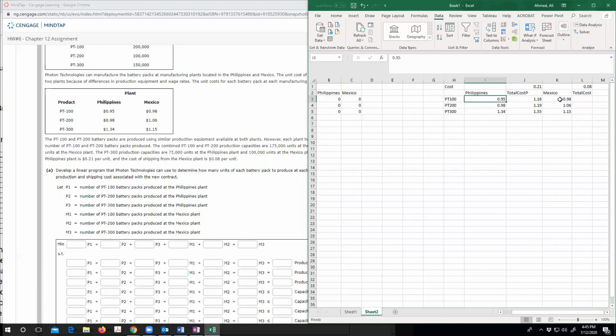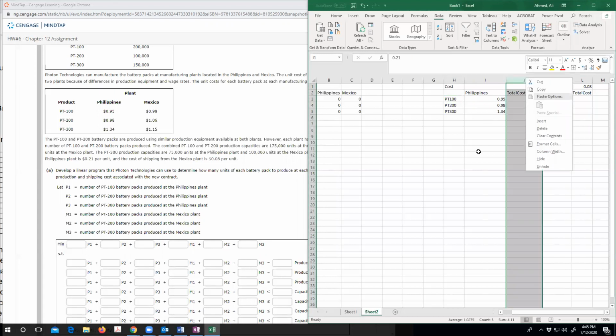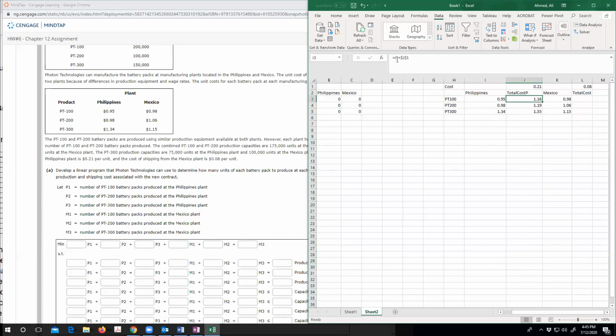I'm adding 0.95 plus 0.21, and that's it, that's 1.16. So the total cost comes to this, not this. This one just includes the actual cost, but this one is the cost of production plus the shipping cost.